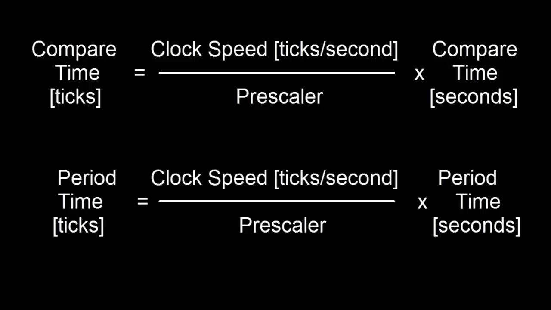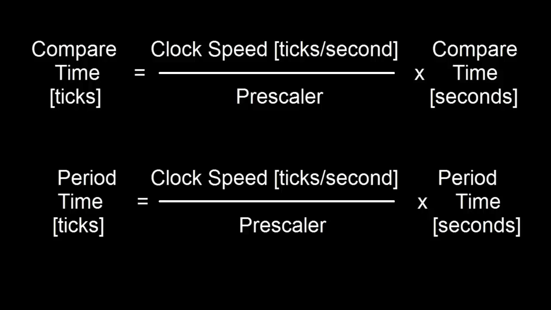The period time in units of ticks is also equal to the clock speed divided by the prescaler times the period time. If we want our LED light to flash on and off 10 times every second, that means that we want our period to be 0.1 second, and we want the compare time, the time that the light is on, to be half of that, or 0.05 second.